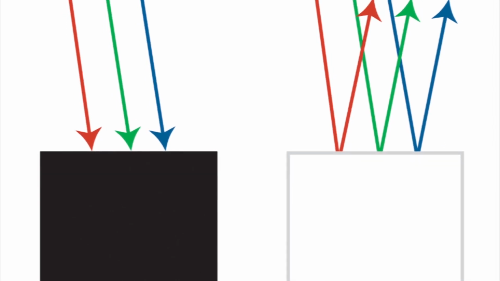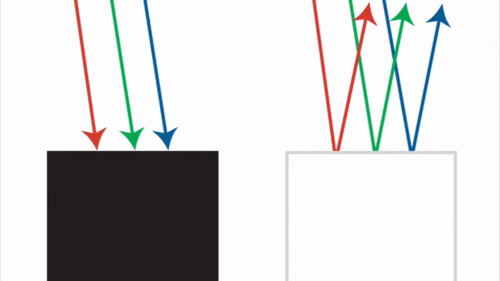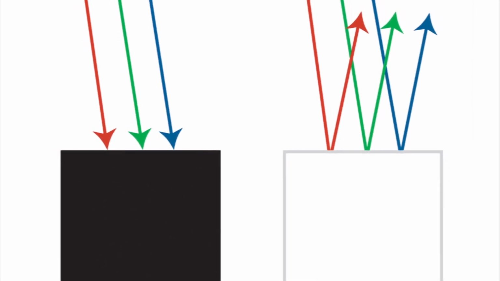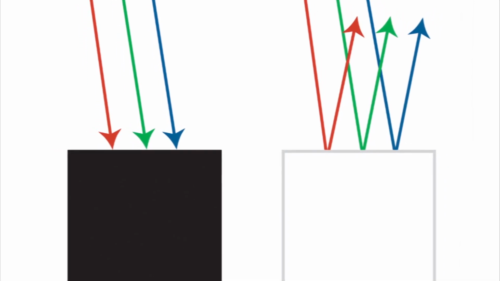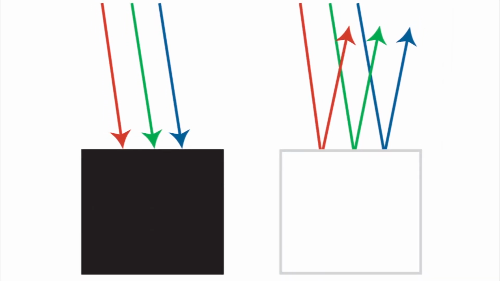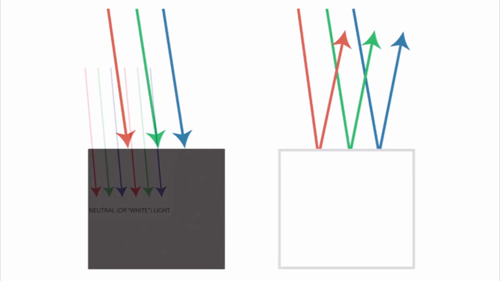Similarly, an object we perceive as light in tone looks that way because it reflects light efficiently. Much of the light that hits it bounces back into our eyes or cameras. An object we perceive as dark absorbs more light than it reflects.